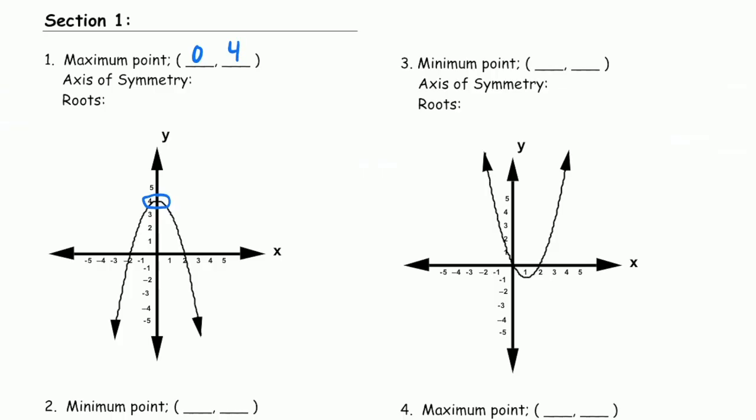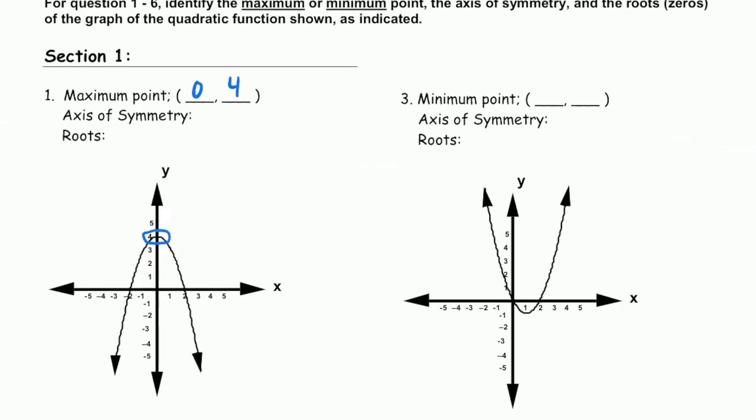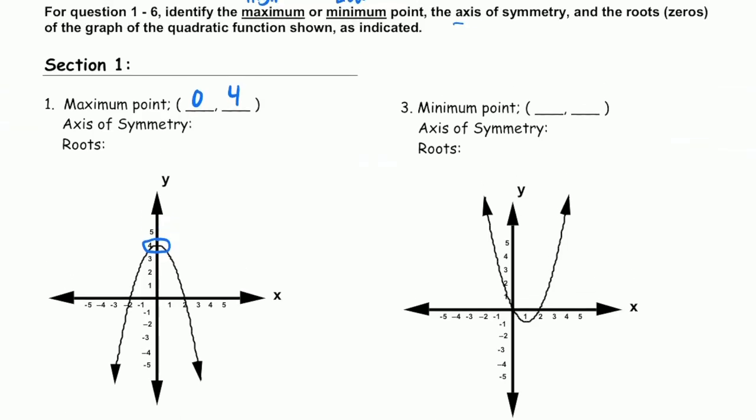The next thing that we're going to have is going to be the axis of symmetry. Now, the axis of symmetry, we've already looked at that earlier this unit. It's always going to start with x is equal to something.